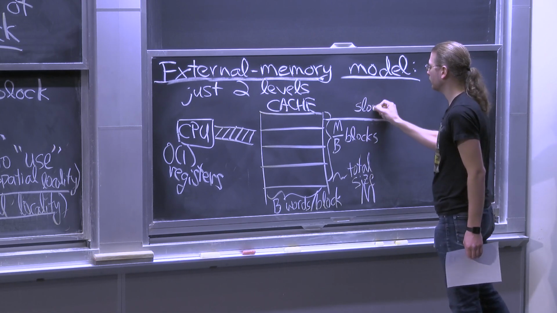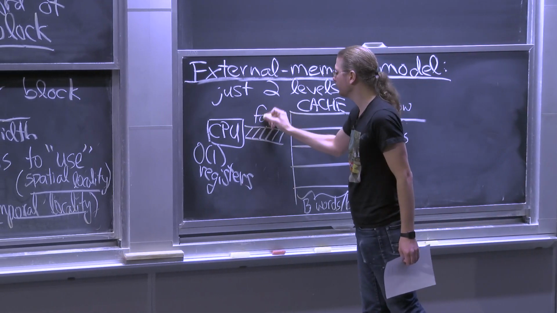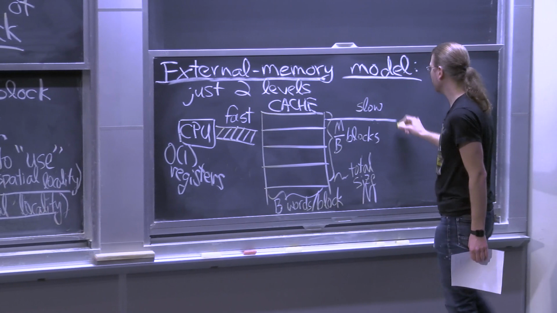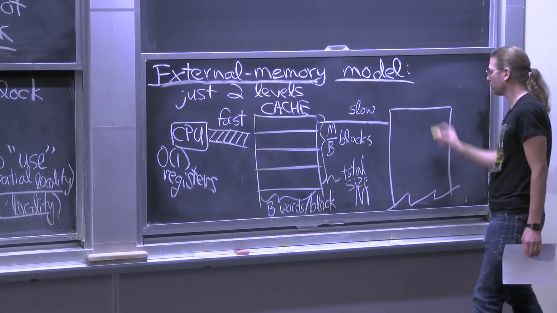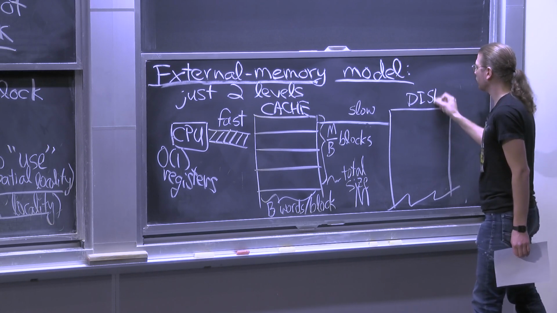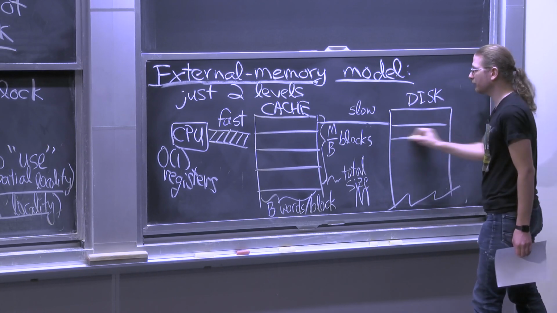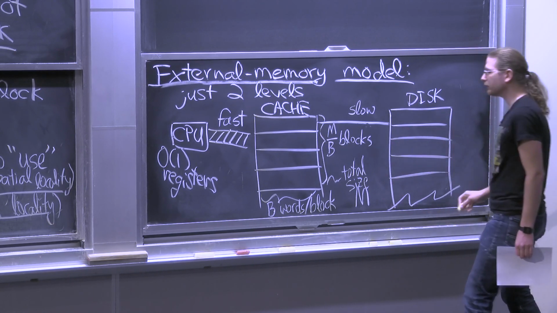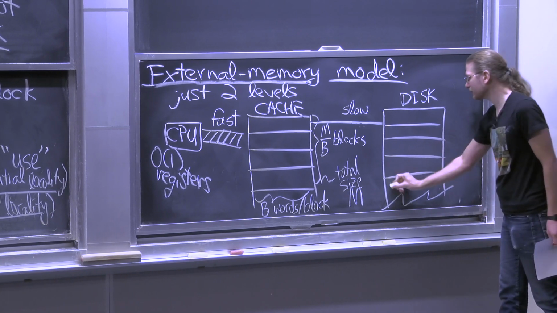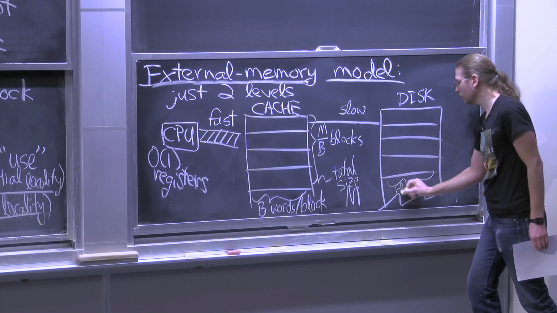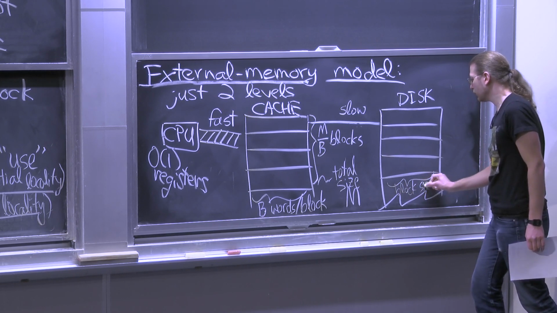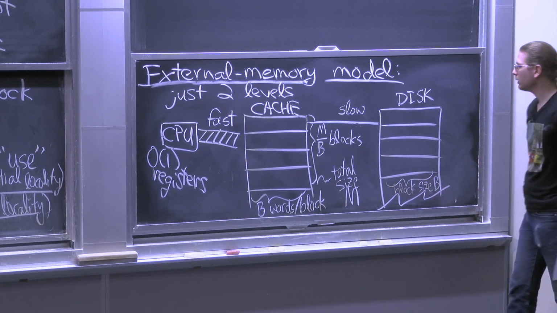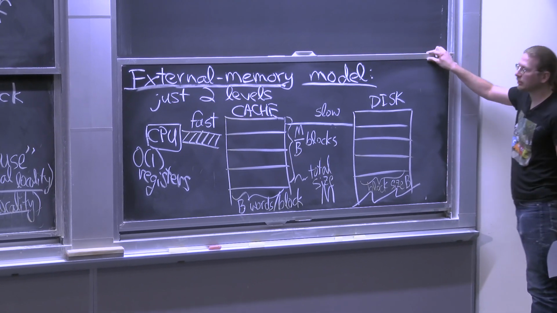So this one's fast, this one's slow, to your disk. Disk we'll think of as huge, essentially infinite size. It's also divided into blocks of size B. So the same block size. So this is the picture.